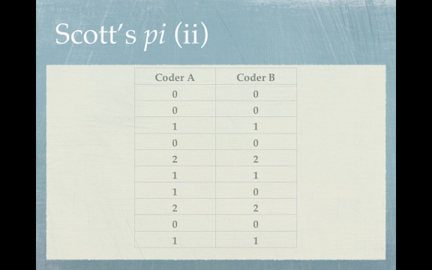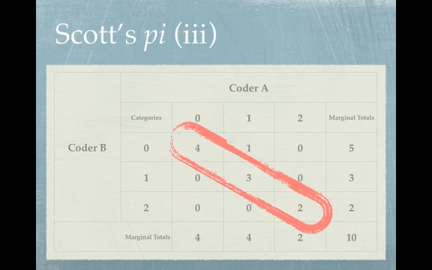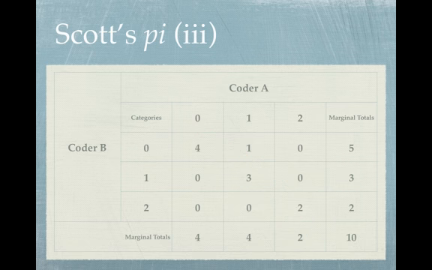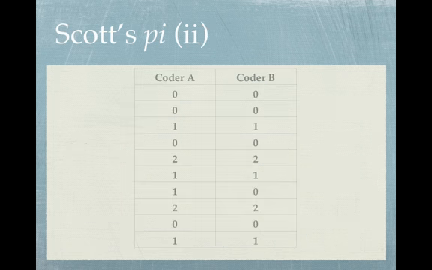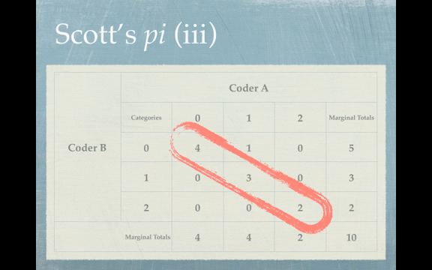We also coded for category number 1. There were 3 cases that they had agreed on, which are the 3rd case, 6th case, and the last case. And also there were 2 times where they have agreed on 2.